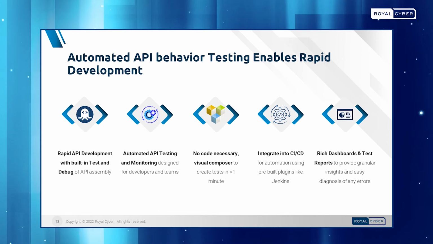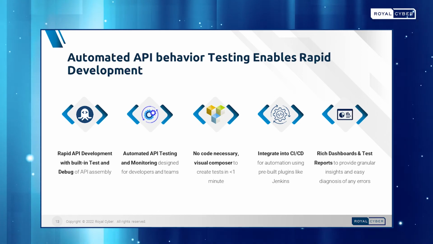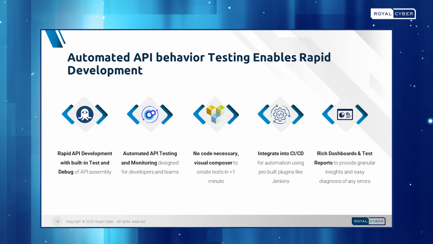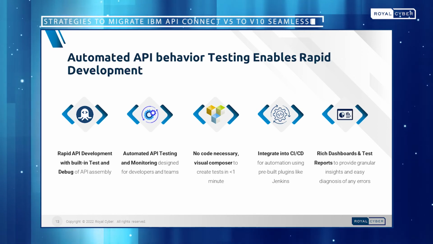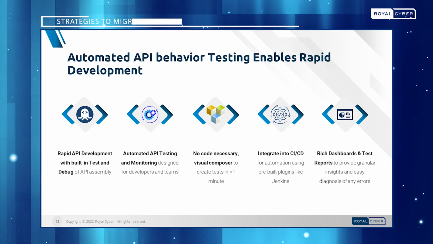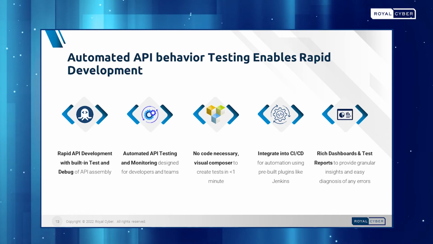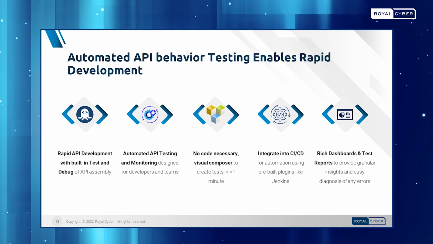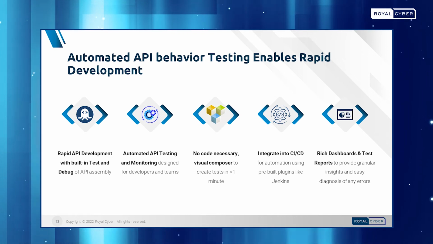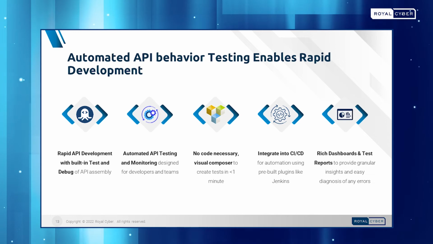There's also automated API testing behavior. V10 automates the creation, like I mentioned earlier, of test cases. With a single click of a button from the UI, you can automatically generate test cases for your APIs. After automation, users can leverage the no-code Visual Composer to further extend these test cases.